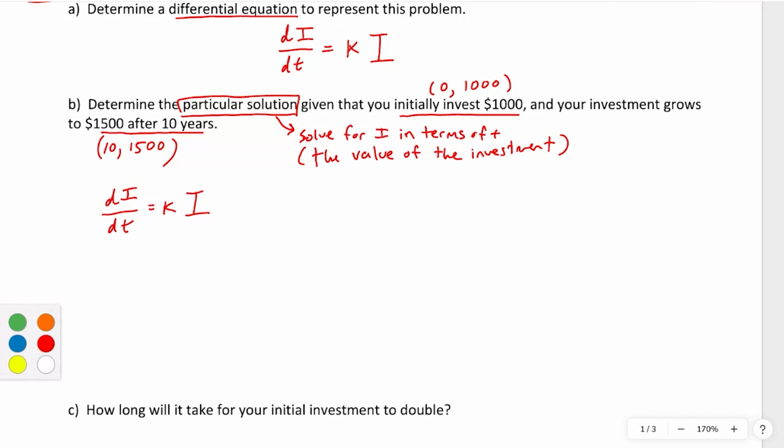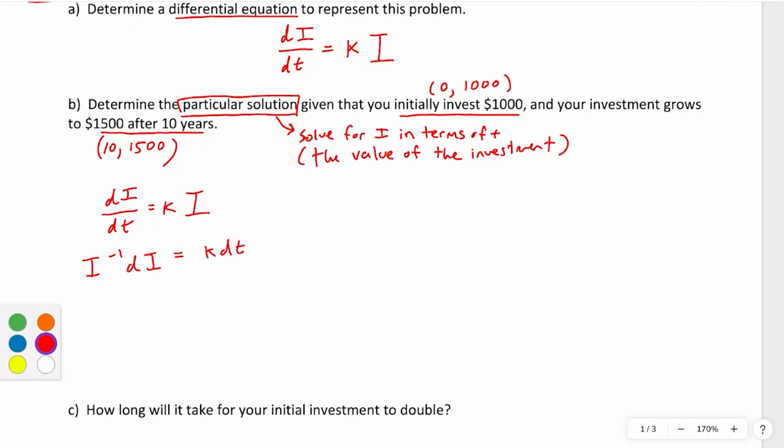This is different than the c that we'll get from the integration process. This k is the proportionality constant. So we need to move the I over here, and we're going to move the dt over here. And we'll get I to the -1 di equals k dt.